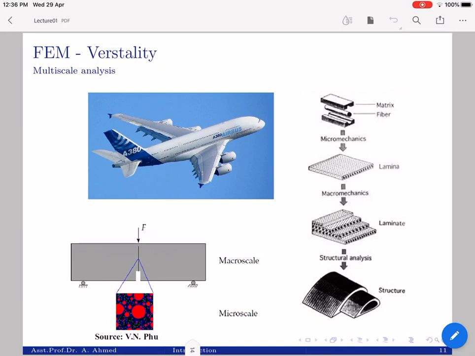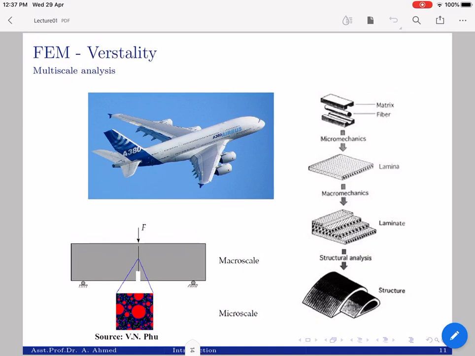And as you go deeper into the problem, like if you analyze the problem at the mesoscale level or at the microscale level, you will get the true response or the true stress strain behavior of the materials. For example, if you are analyzing the structure of an aeroplane at the macro scale level, you will always assume that the material is homogeneous, and you will use a very simple relationship between the stresses and the strain, or you might use a linear relationship or a bilinear relationship between the stresses and the strains.